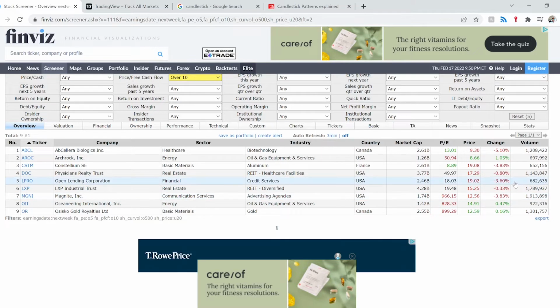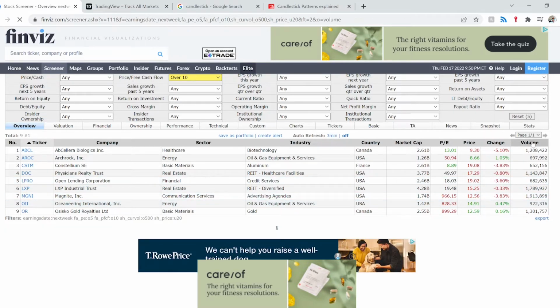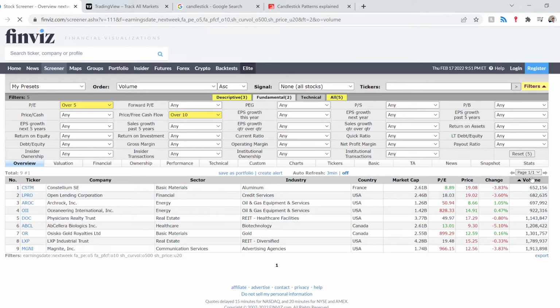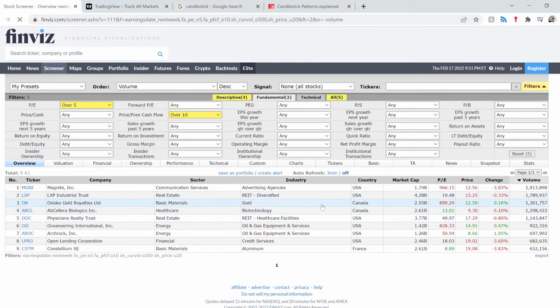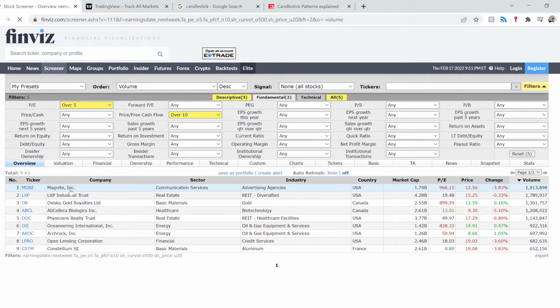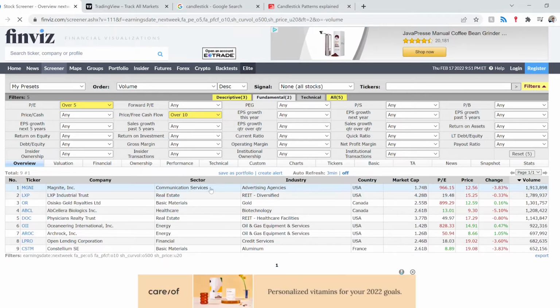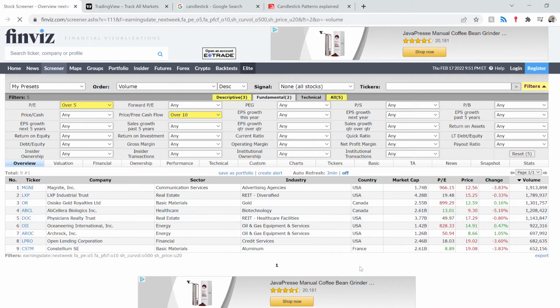I usually prefer sorting them by volume, which means the higher the volume, the better the action. The one that comes at the top is Magnite Incorporated. It's a communication services company based in the US, and it does advertising.